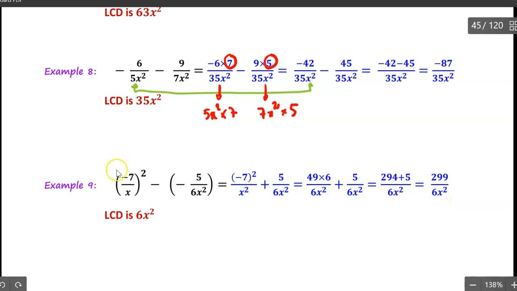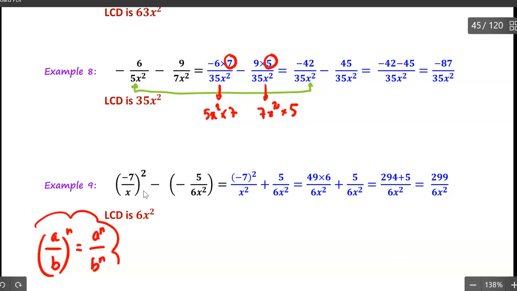So let's continue with example number 9. Example number 9 involves the whole fraction raised to an exponent. So I want to remind everyone of this formula: a over b, all of it to exponent n, you raise each of these to exponent n.